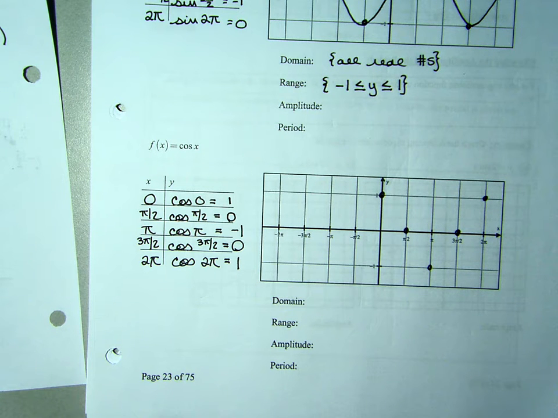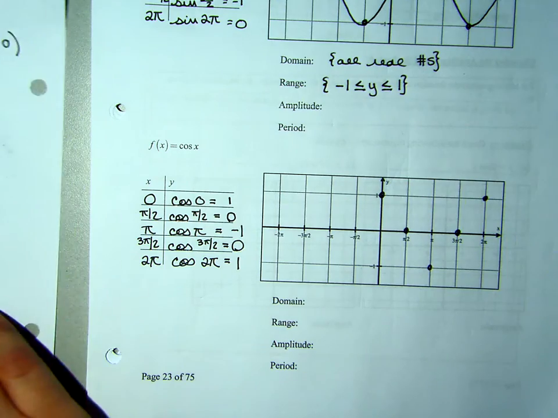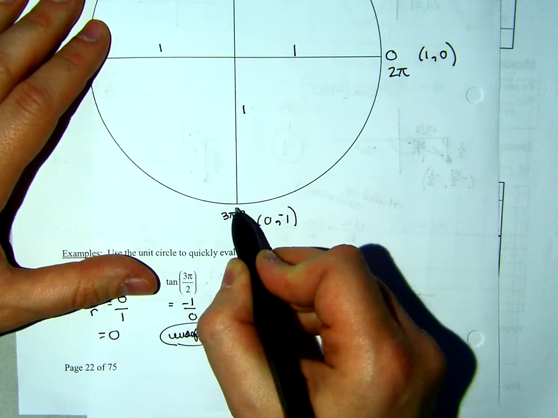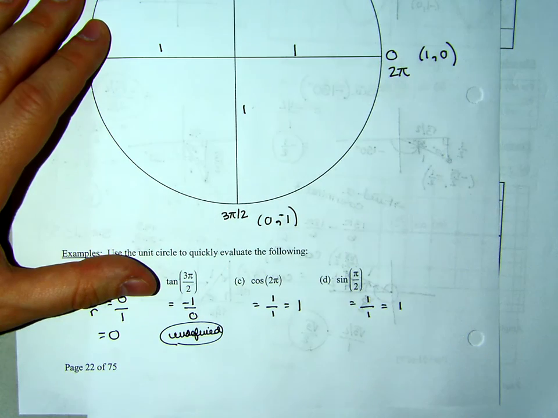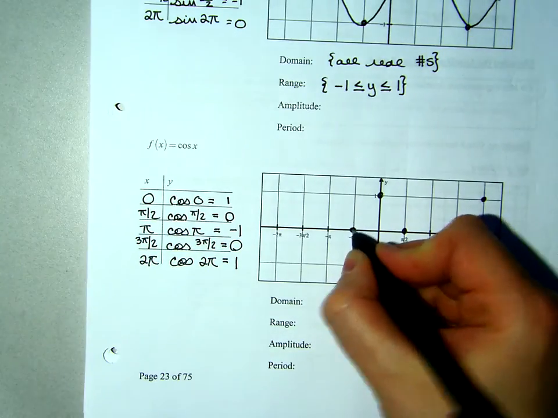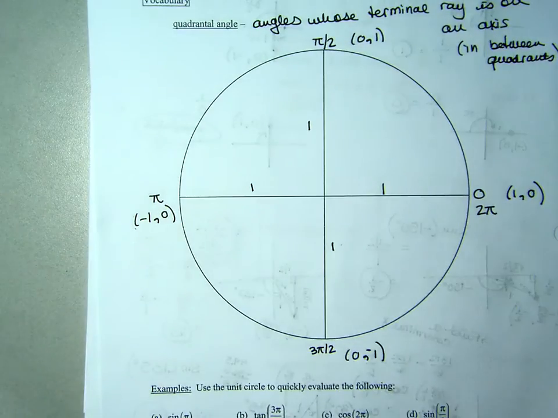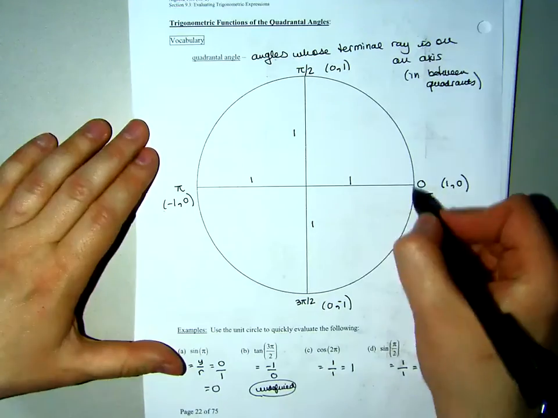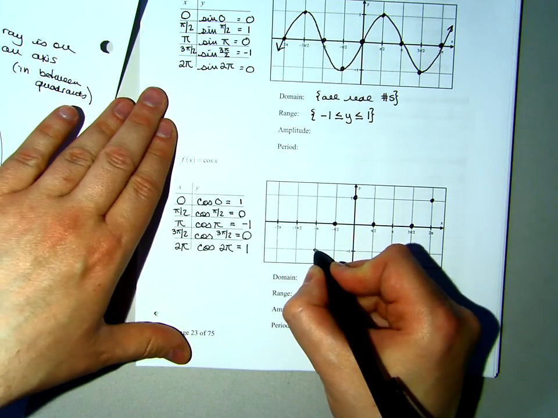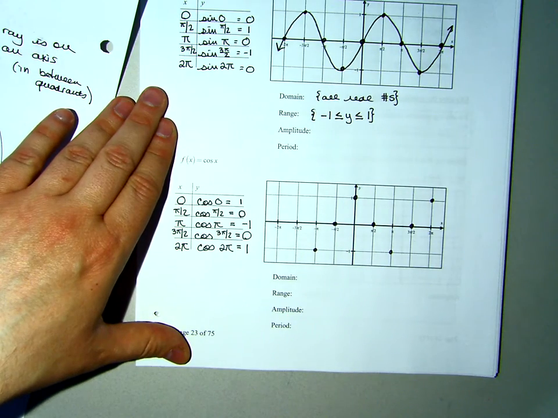So hold on. Now let's go negative. Negative pi over 2 is over here. What's the cosine of negative pi over 2? 0. Negative pi is this angle. Negative 1. Do you see the pattern still kind of repeating here?